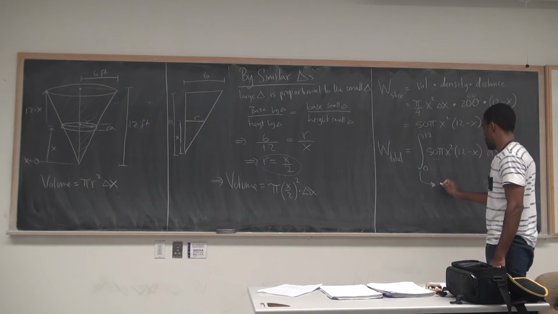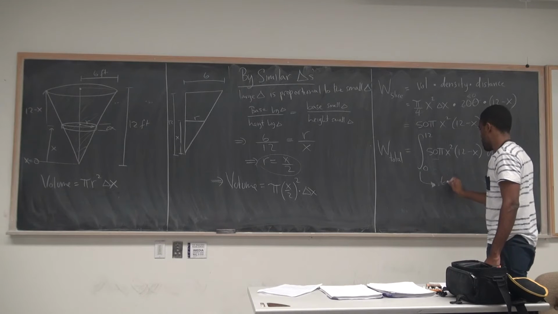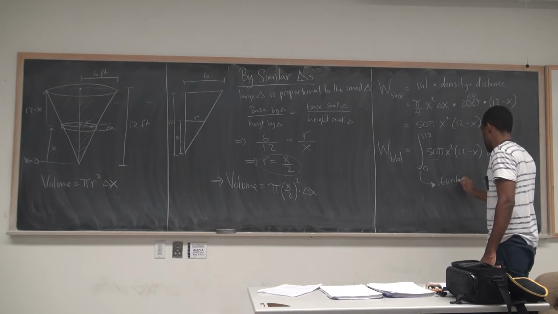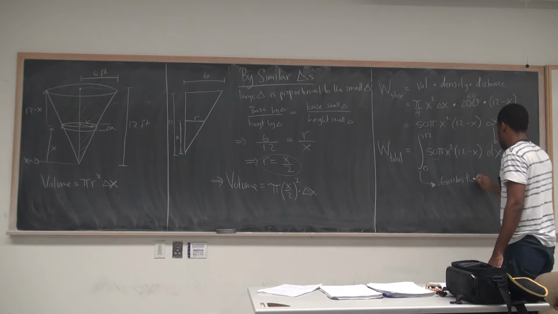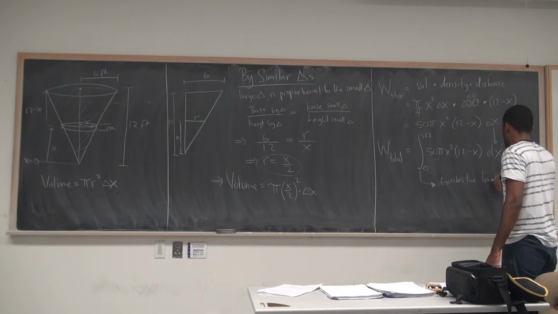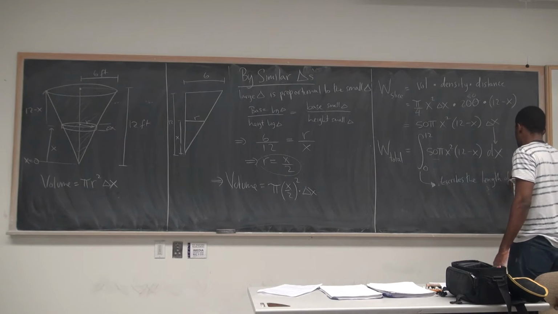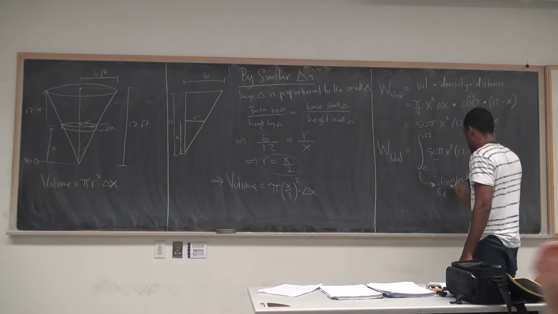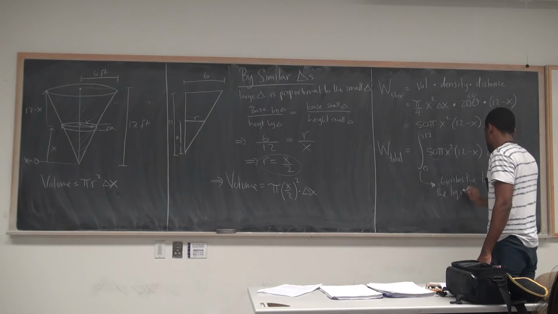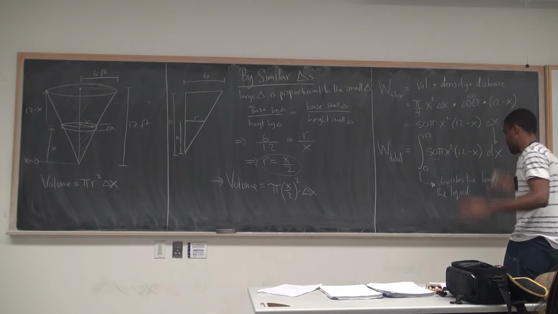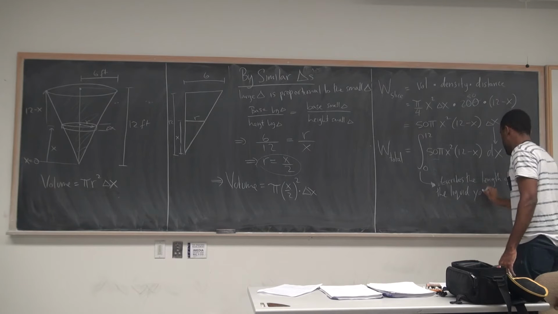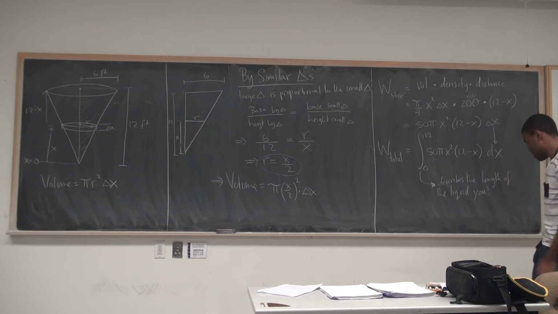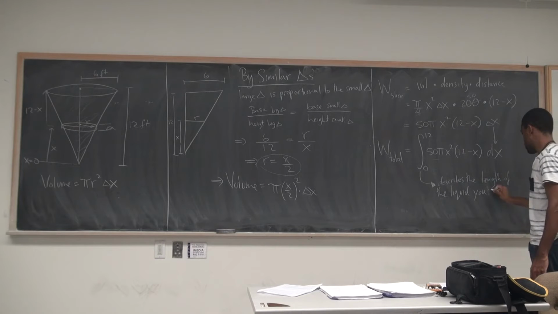This describes the length of the liquid, the length of the liquid you want to move, when you draw the 2D depiction.